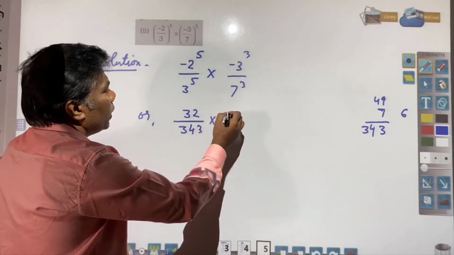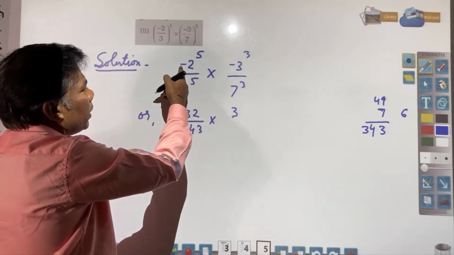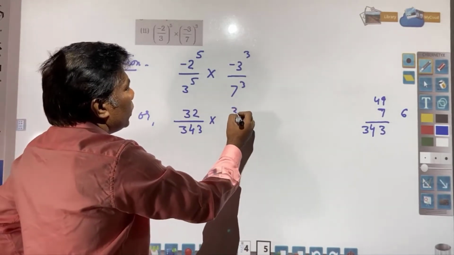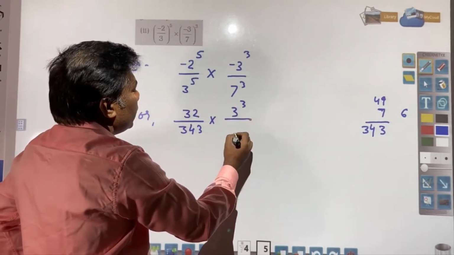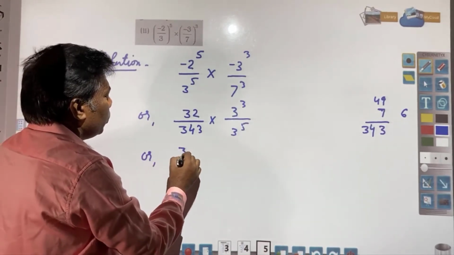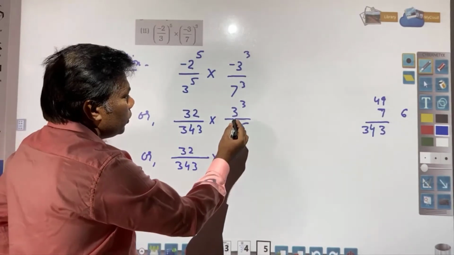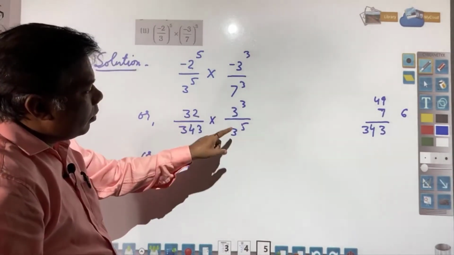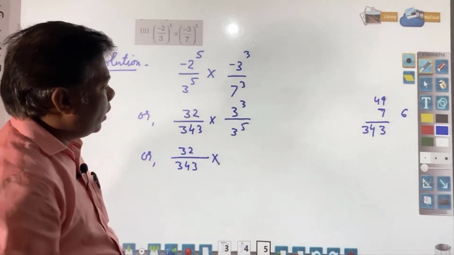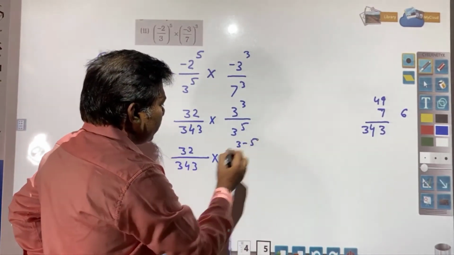And into, here this became positive because this minus has been multiplied with this minus. So 3 to the power 3 divided by 3 to the power 5, so it will be 32 by 343 into, this will be a to the power m by a to the power n, which means 3 to the power 3 minus 5.